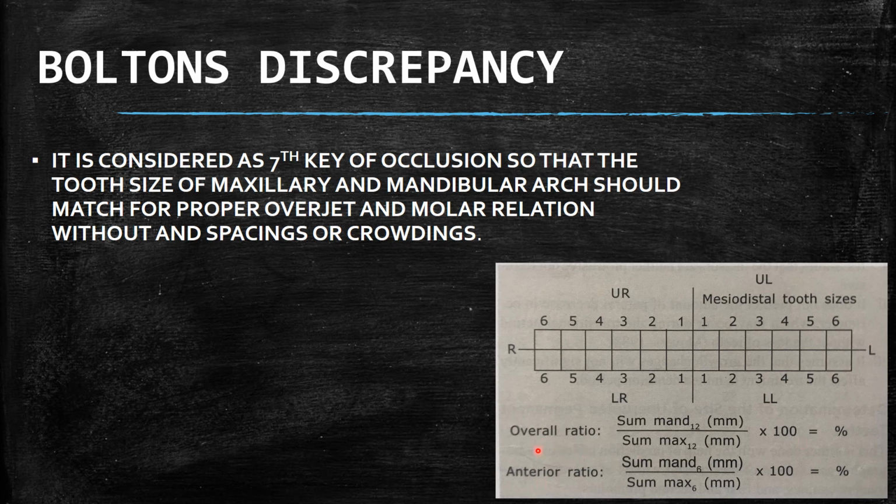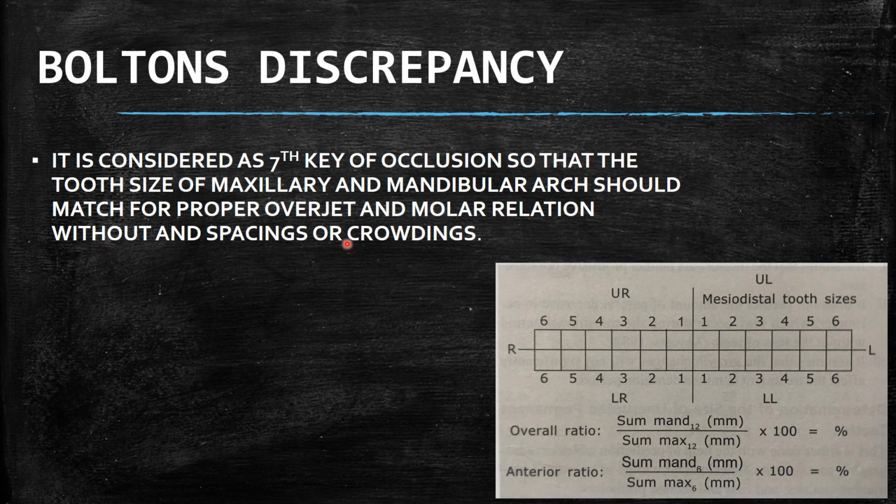You do the same for the anterior ratio, and there are many more formulas used in Bolton's discrepancy. Basically, we are seeing the discrepancy between the maxilla and the mandible, so that the tooth size of the maxillary and mandibular arch should match for proper overjet and molar relationship without any spacing or crowding.